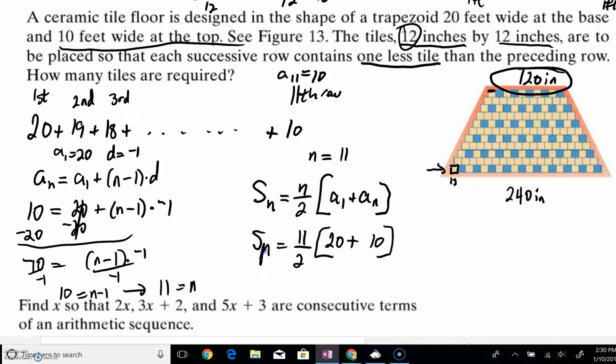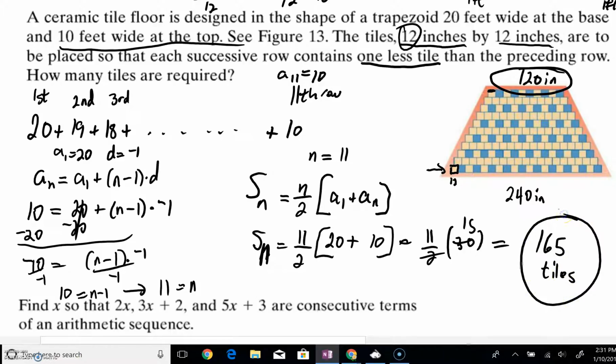And forgive me, we could now say this is s sub 11 right here. We now know that we've added that up. So we've got 11 over 2 times 30. 2 goes into 30 15 times. 15 times 11 is going to work out to 165. That's 165 tiles. And we're done with question number 1.